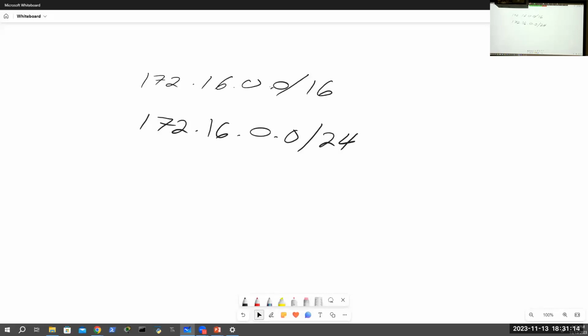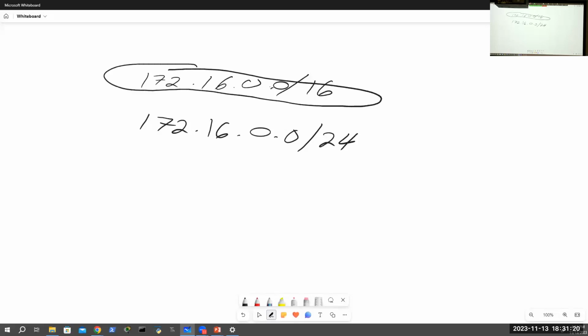Now, by changing my /16 to a /24, I get how many subnets? Like I had this whole address space, this whole 172.16.0.0/16 network. I just changed it to a /24. How many subnets can I create? 256. 256, right. 8 bits. I reallocated.